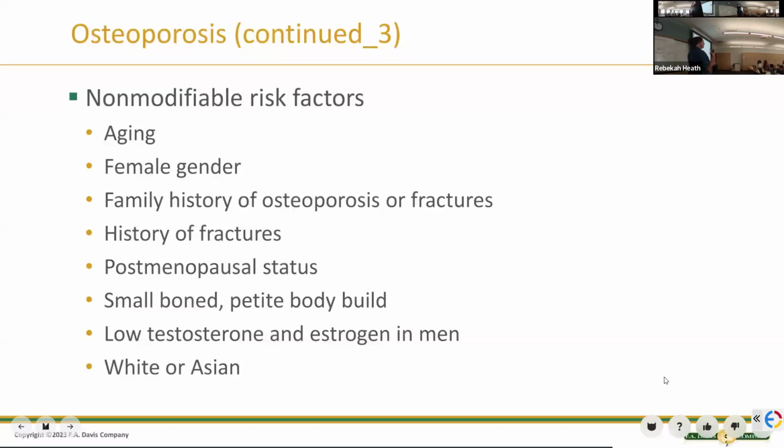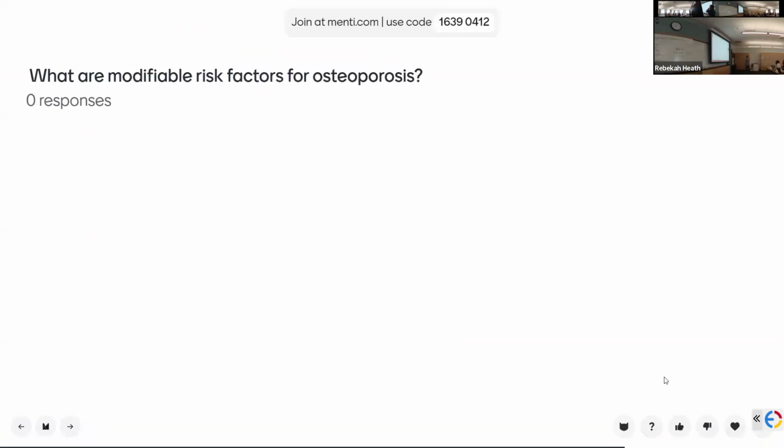Because they're at high risk of having osteoporosis. Also post-menopausal: if you've gone through menopause, our body doesn't absorb calcium the same as it did when we were younger, so we are at higher risk for osteoporosis. Those were non-modifiable risk factors. Tell me, what are some modifiable risk factors for osteoporosis?